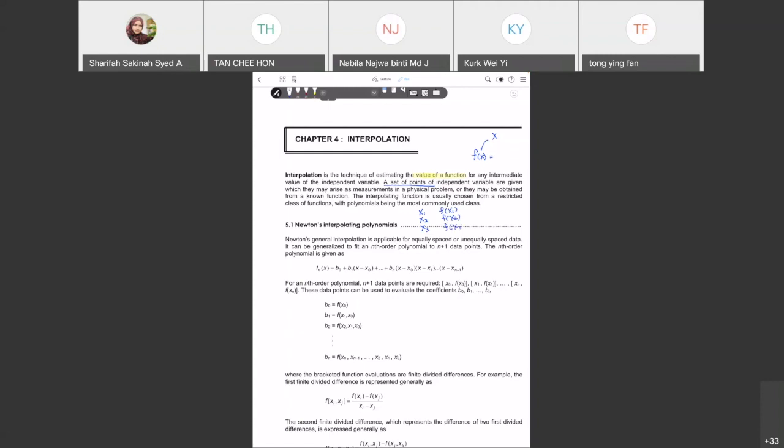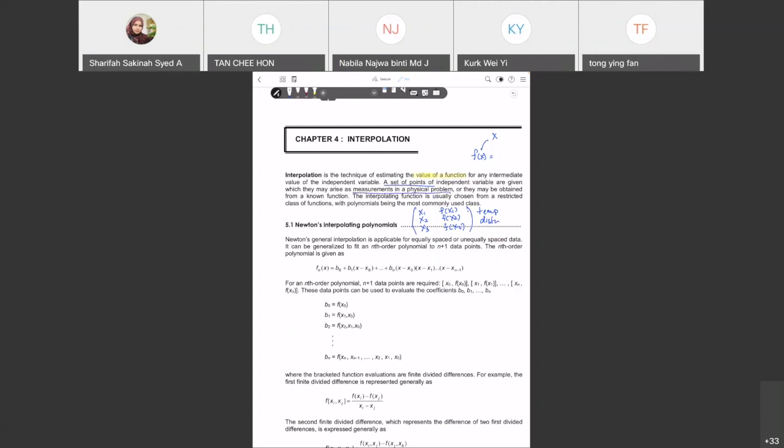These points of the independent variables are given, which may arise from a measurement in a physical problem. Remember, I showed you just now the physical problem is about temperature and distance. So we have a set of points related to temperature. So this is what we call a measurement of the physical problem.